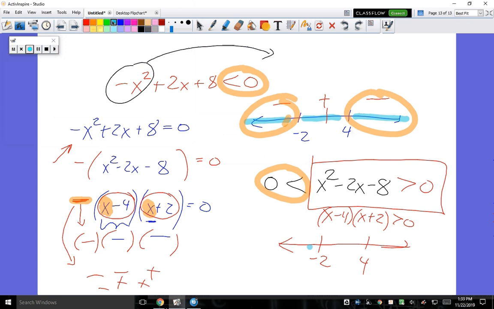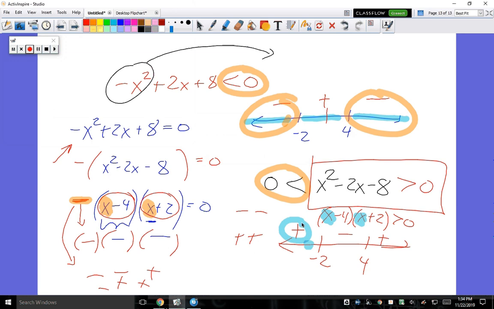If I sign test it by putting a negative 3 here and here, I would get a negative, then I would get a negative, which would give me a positive. If I sign tested a 0, I would get a negative, and if I sign tested something like 5, I would get a positive times a positive, which would give me a positive. Notice, I got different answers here.